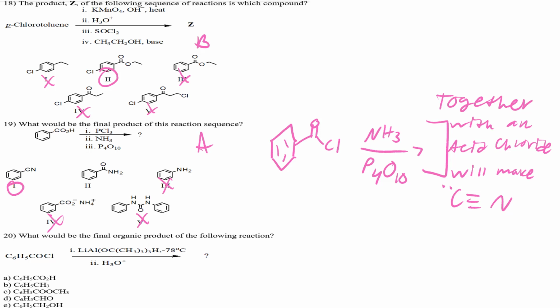So what would be the final organic product of the following reaction? Okay, so we have a carboxylic acid. Sorry, not a carboxylic acid, but rather a benzene. This benzene has a carbon, and we basically have an acid chloride. Okay, but this acid chloride is going to be reacting with lithium aluminum tri-tert-butoxy hydride, I think.